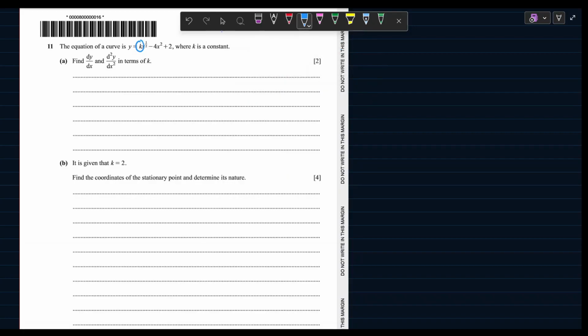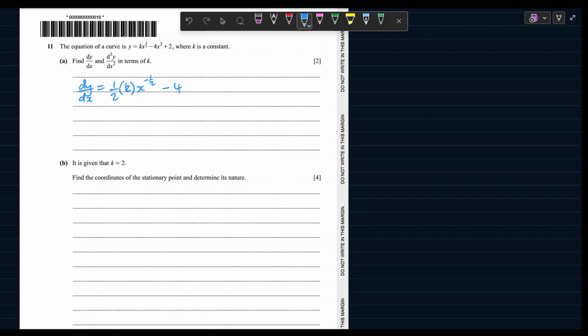Alright, so we've got y is equal to kx to the half minus 4x squared plus 2, so it means our dy/dx is going to be, so bring down the half, and we're multiplying k, x, subtract 1 from half, you get negative half.